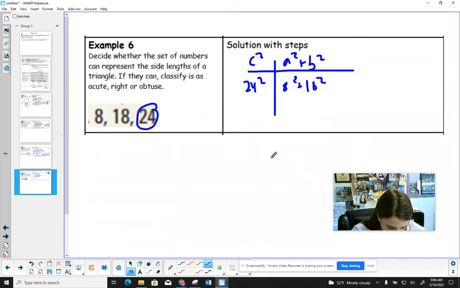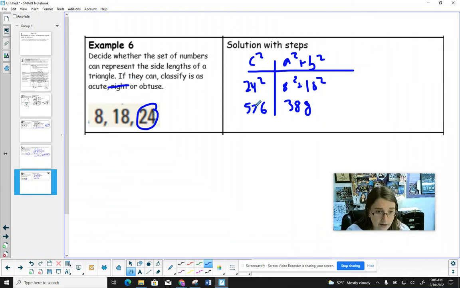Okay, checking this real quick. You should have already done all of this. So 24 squared, we should get 576. 8 squared plus 18 squared, I've got 388. Okay, so definitely not equal, so definitely not right. I'm looking, is c squared bigger or smaller? It's bigger, that's greater than.